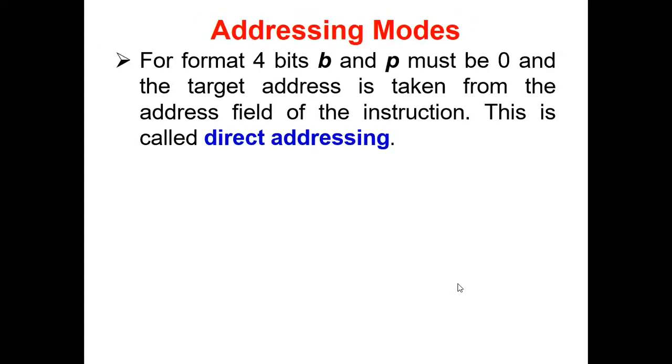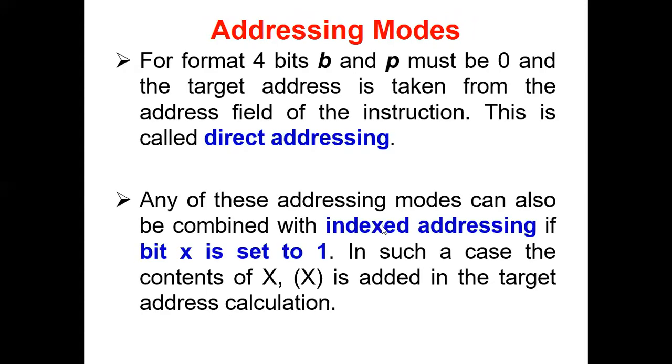Okay. So format 4, bits B and P must be 0, and the target address is just taken from that address, which is the address of the instruction. And we call that one direct addressing, okay?